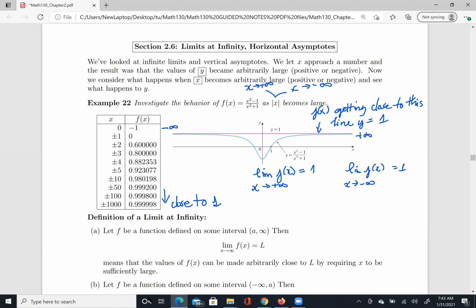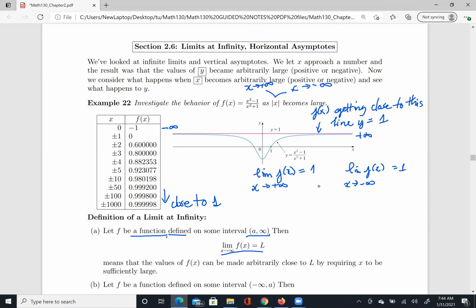Now we're going to talk about the definition of a limit at infinity. Let f be a function defined on some interval from a to positive infinity. Make sure it's defined on the interval from a to infinity.